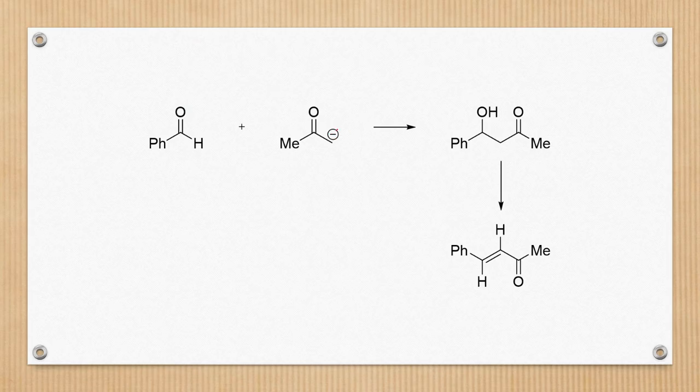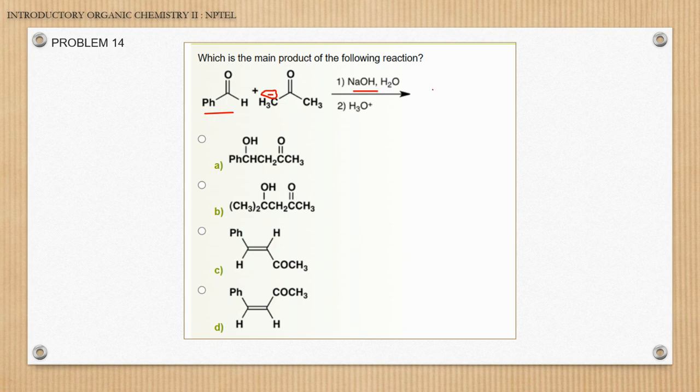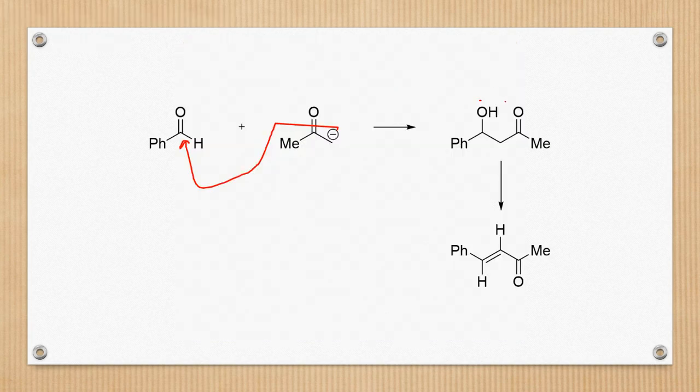After that, it will attack on this carbonyl carbon to give you this. In our case, you can write it as this alkoxy, but in the basic medium you have water molecules present, so instead of O minus, you have OH.